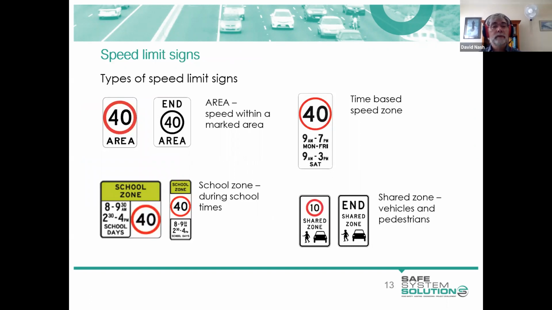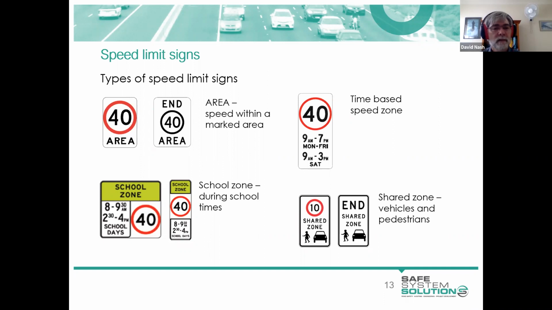There are different types of speed limit signs. The area signs apply to an area, and the end area sign ends that area, and it's important that you include the end area signs to make it a legal speed limit area. School zone signs you're probably familiar with, together with the time plates.